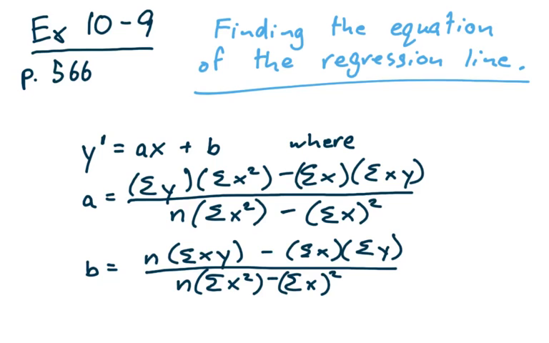These two formulas right here for a and for b have commonalities. They have the same denominators. In the top and the bottom, they have this particular kind of format. Notice this one, that's the same as one of the calculations that we use in computing the correlation coefficient, r.